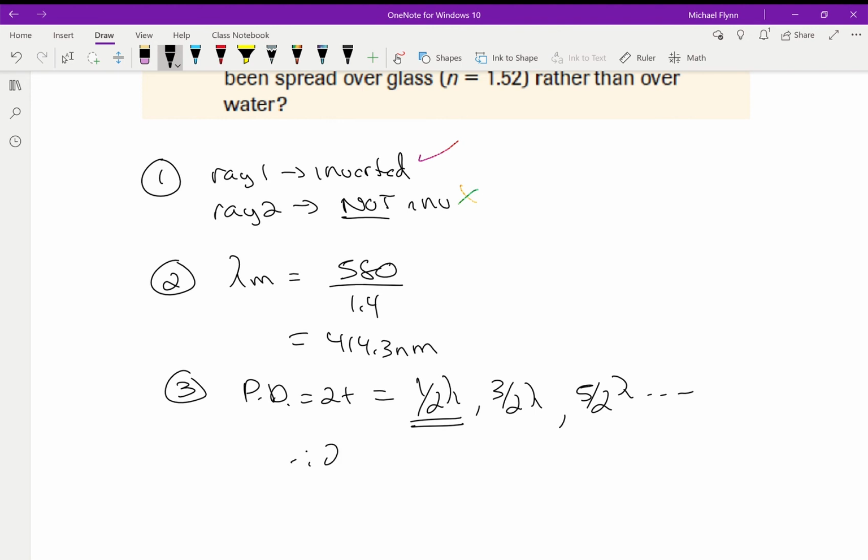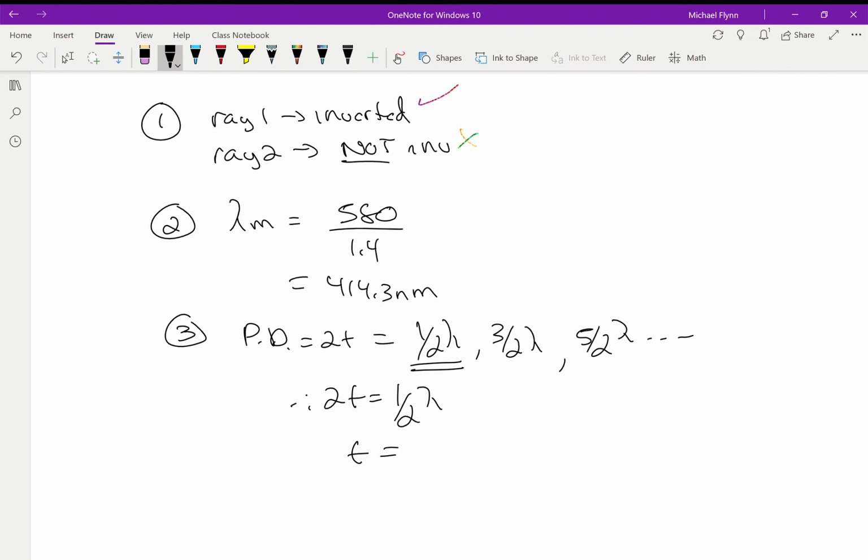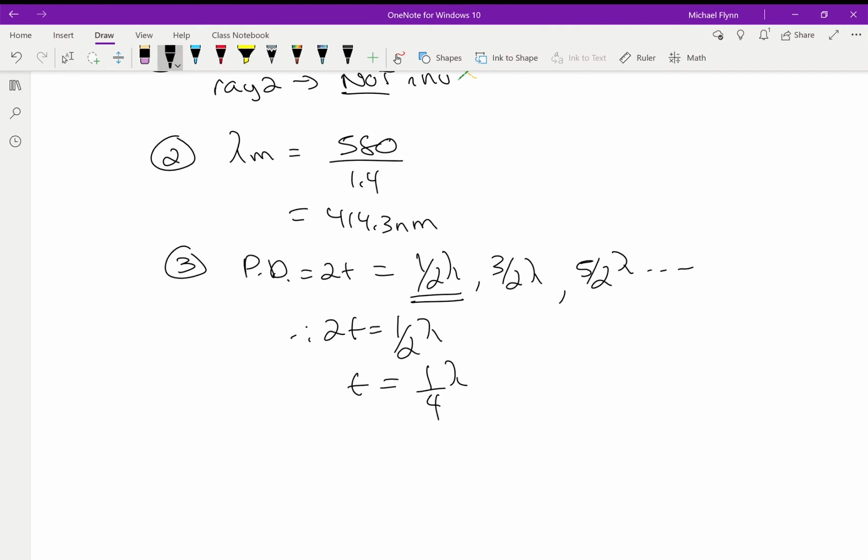So therefore 2t will equal 1/2 of a wavelength. So therefore t will equal 1/4 of a wavelength. So that's 1/4 of 414.3. I take my answer from step 2 and I divide it by 4. And I get 103.6. So the answer is 103.6 nanometers of thickness.